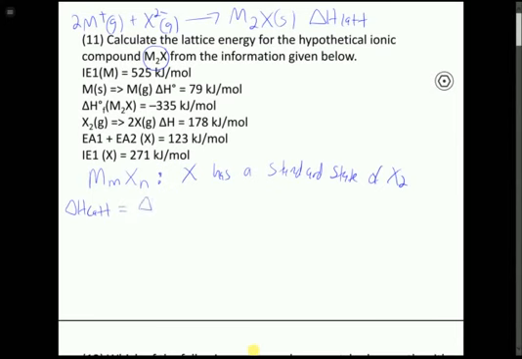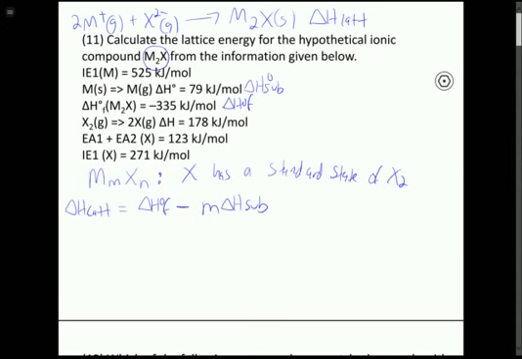The first term we're going to consider is the delta H of formation for the compound. That's this one here, the formation of the compound from its elements. Then we're going to subtract from that m times the delta H of sublimation. Sublimation is the conversion of solid metal into the gas phase metal. We've learned about that a little bit in chapter 9, and here's the sublimation enthalpy in this example.